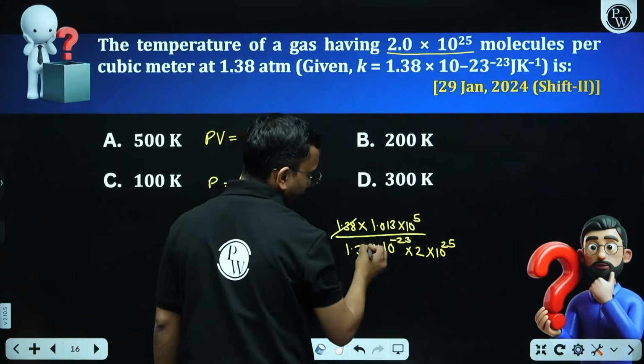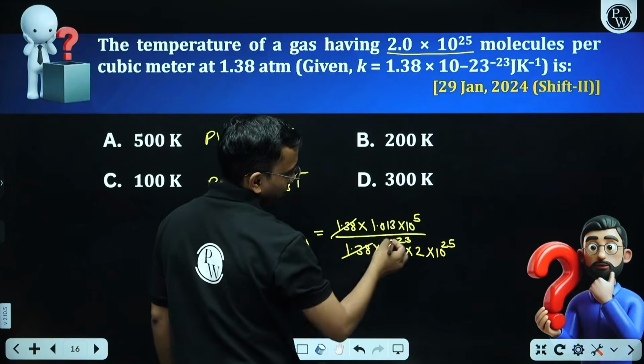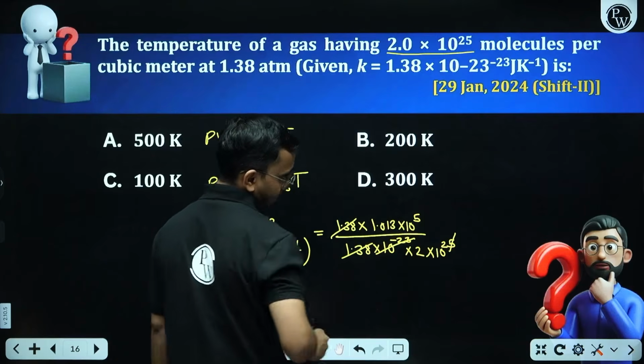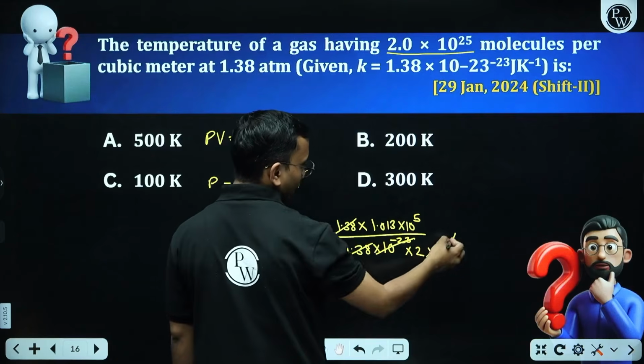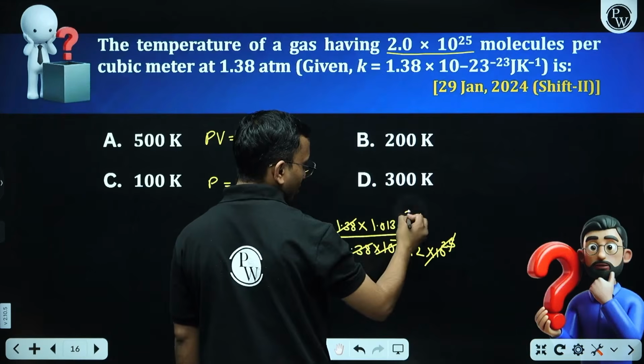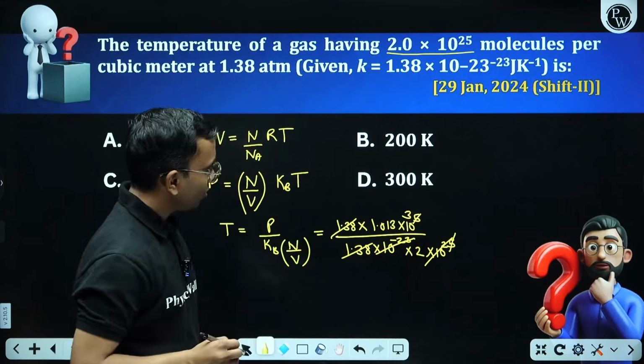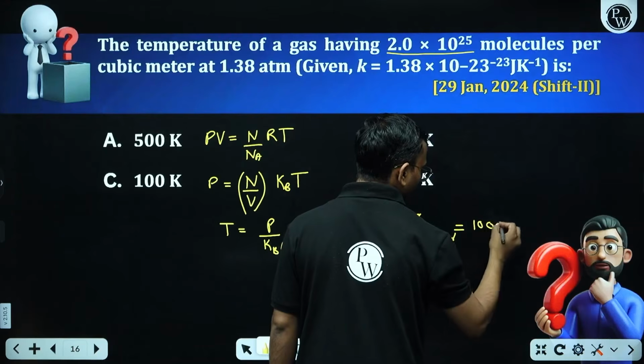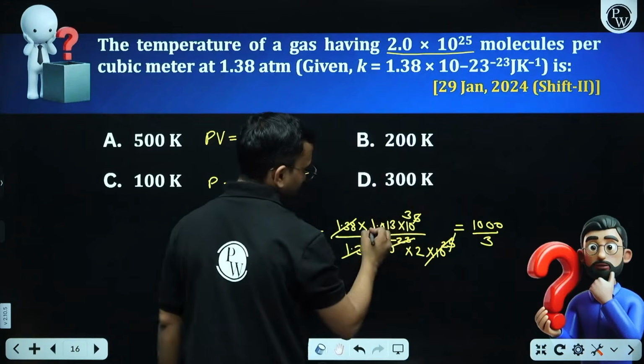So 10 to the power 23 and this is 10 to the power 25, so 10 to the power 2 will remain, and this 10 to the power 3 will remain there. So 10 to the power 3 is 1000 divided by 2. I'm taking this nearly as 1 only.